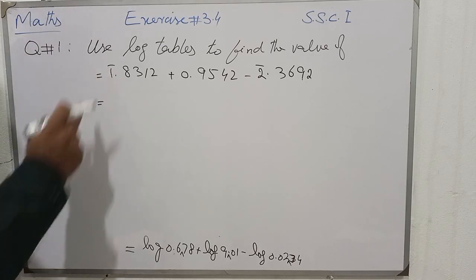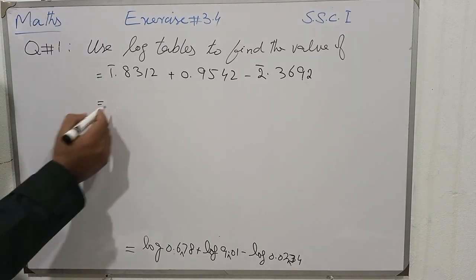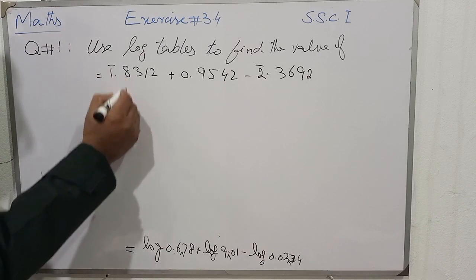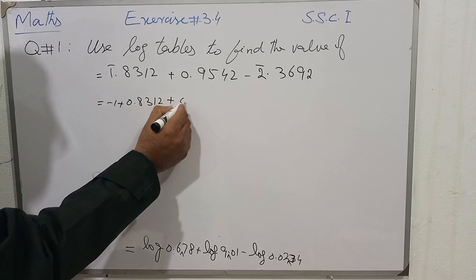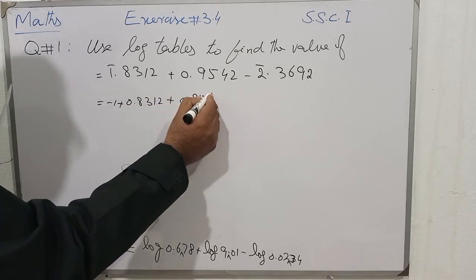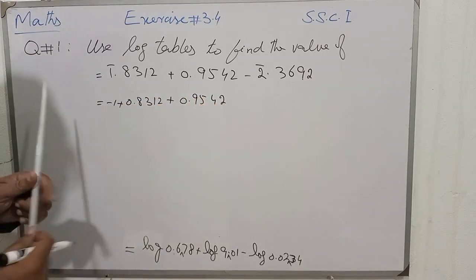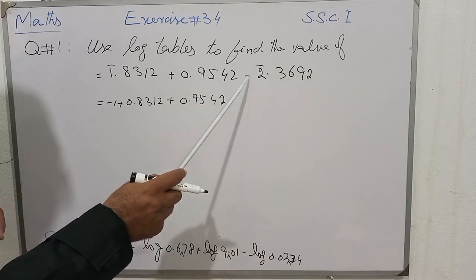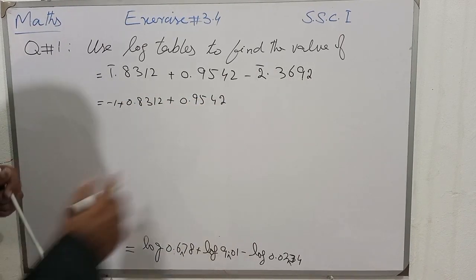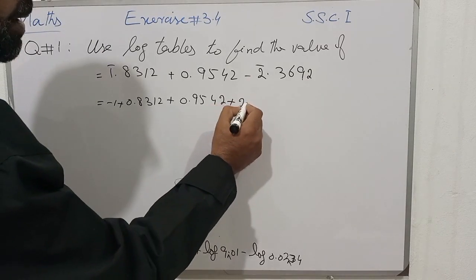Now students, you have to use your calculator to find the sum, and first you have to change these numbers in this form. This one is minus, so it is written as -1 plus 0.8312 plus 0.9542. Here students, this 2 is minus, whereas this mantissa is plus. So when this minus and this minus multiply, it will become +2.